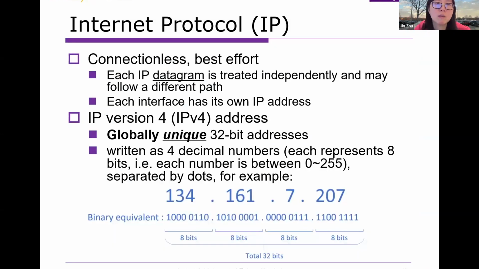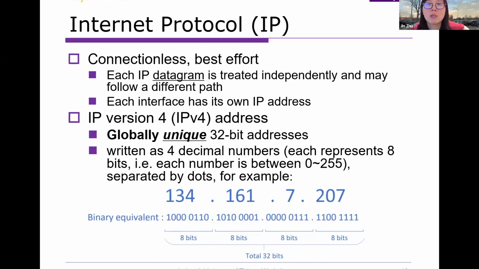So what's an IP protocol? The key to the success of the internet is the Internet Protocol. It is a connectionless, best-effort protocol. That means each IP datagram, each IP packet, is treated independently and may follow different paths.